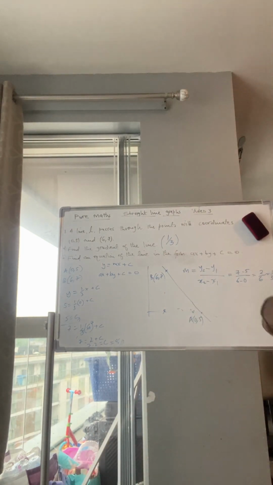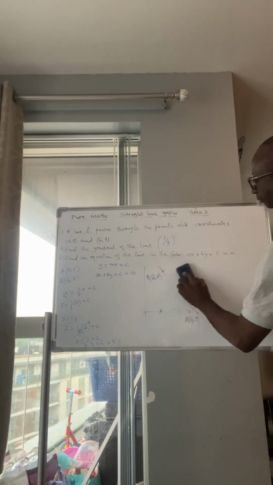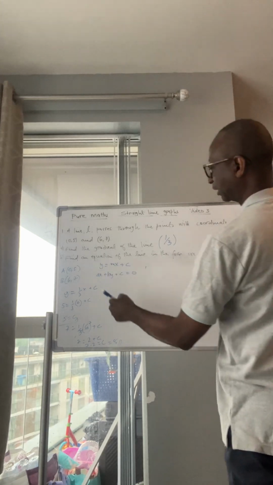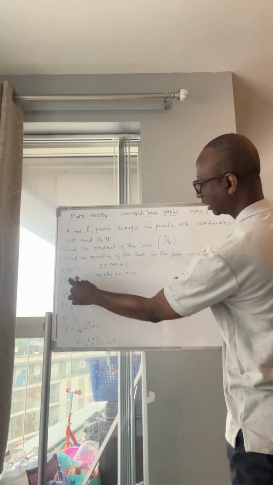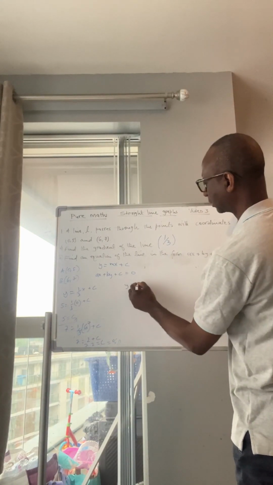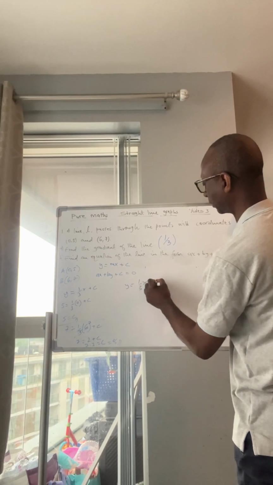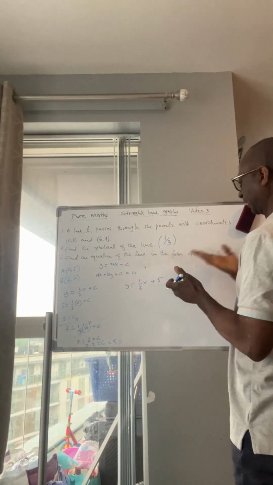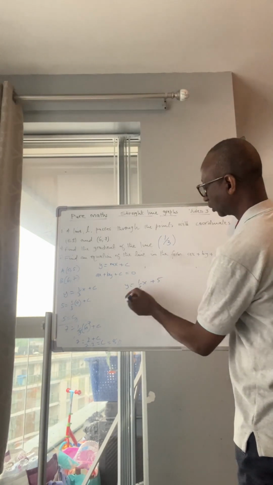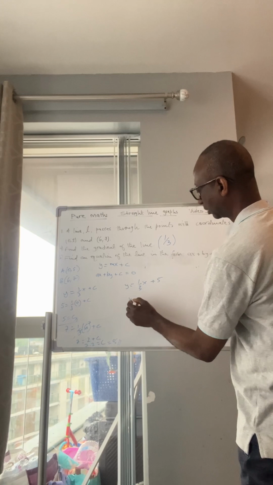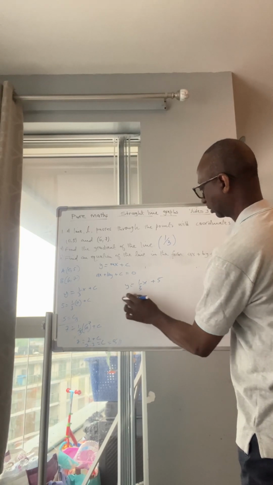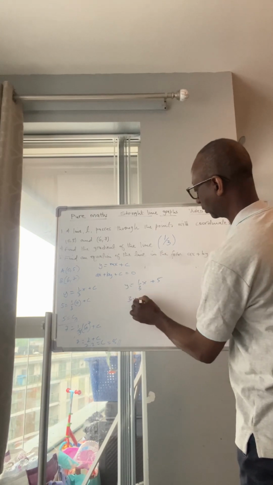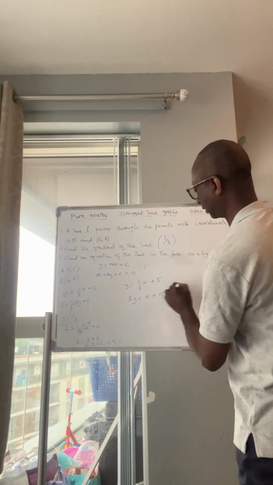Now let's write the equation. Let me erase this one. We want it in this format. So you now have y equals 1/3 x plus 5. So therefore just put it in a linear form this way. So you have 3y equals x plus 15.